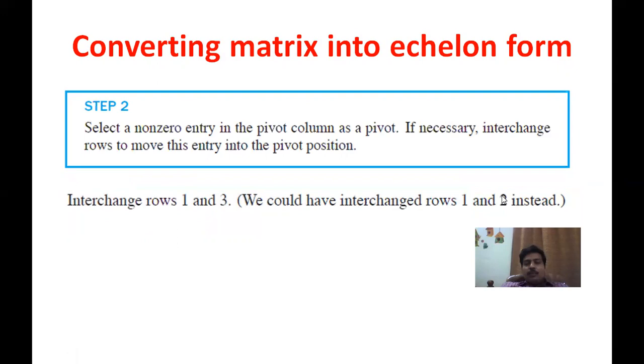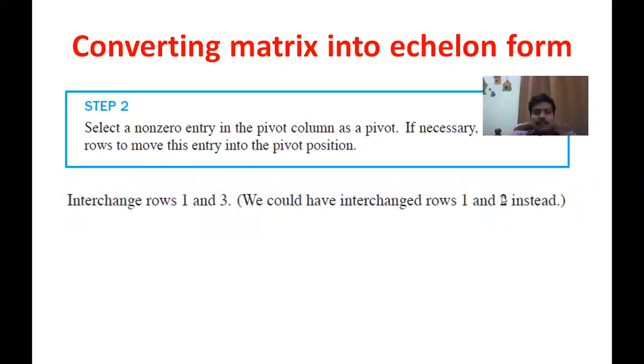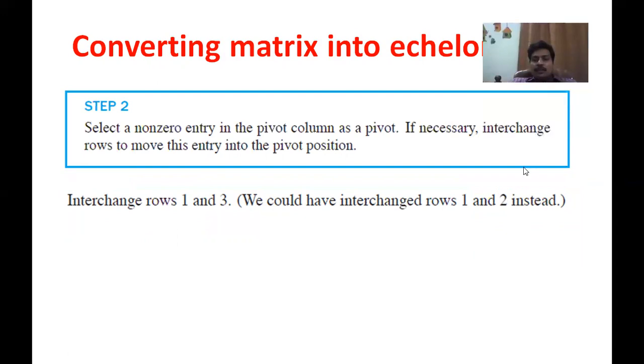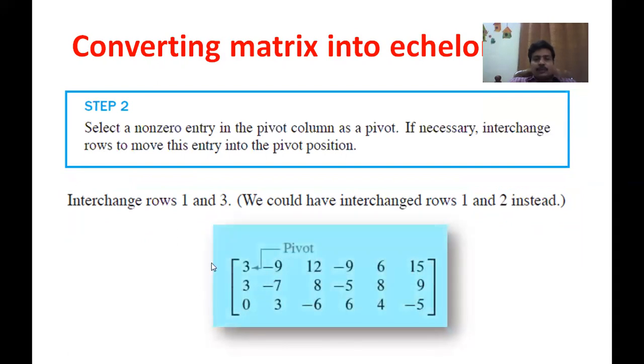I have interchanged row 1 and row 3. R1 interchanges with R3. You can also make the interchange with R2, of course. So the third row will now become the first row, and the first row goes to the third row. Now this is the new matrix after the interchange of rows.